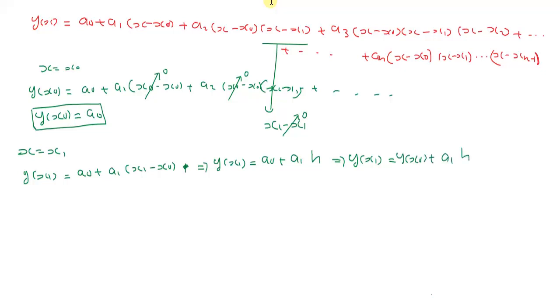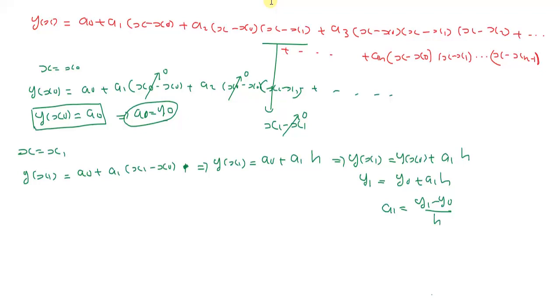Now y of x1 is actually y1, and y of x naught is y naught. So this implies a naught is equal to y naught. So this is actually y naught plus a1 into h, or a1 is equal to y1 minus y naught by h.